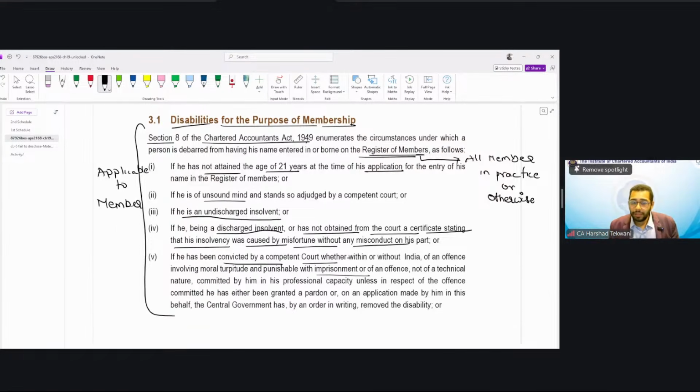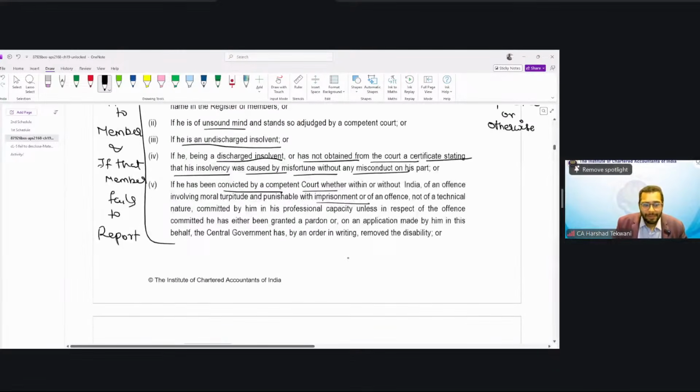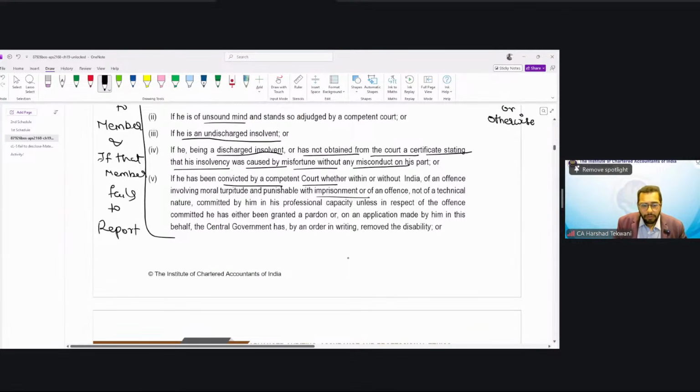As a result, if this applies to a member and that member fails to report this disability to the institute, then it's a professional misconduct.